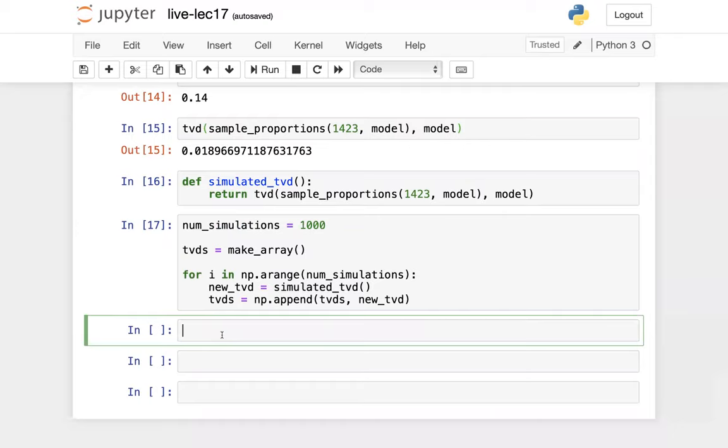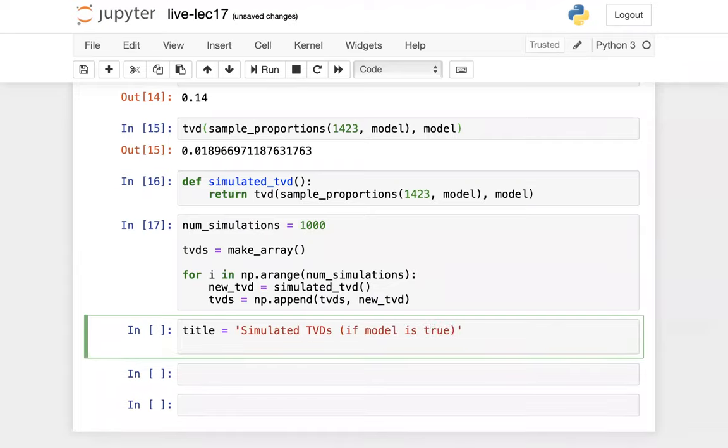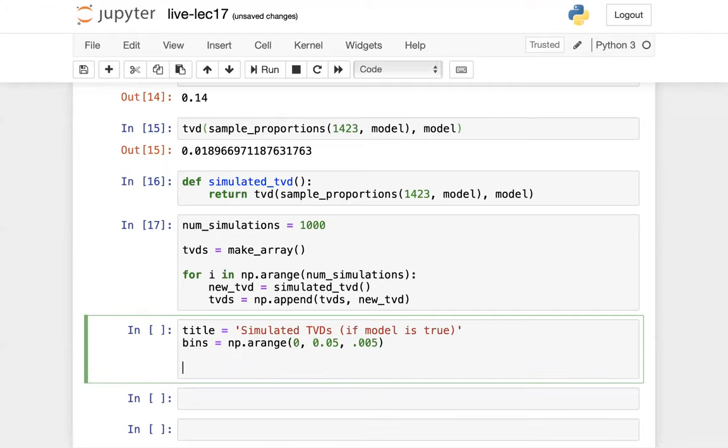So once we've run our simulation, the last step is to plot everything on a histogram, plotting the simulated TVDs. So I'm just going to write this out here. The title of this graph is going to be simulated TVDs if the model is true. And then we'll make some bins here, 0 to 0.05, in steps of 0.005. Don't worry too much about the bins that I'm making here.